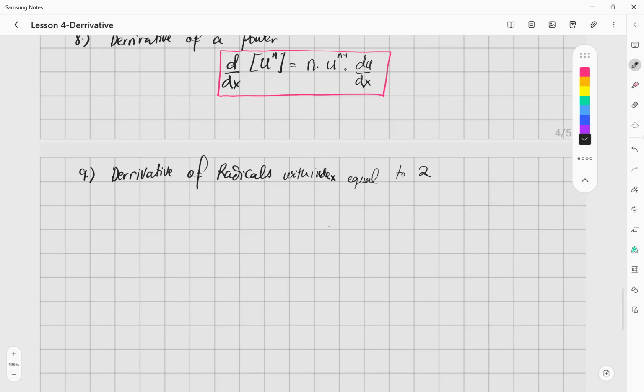So if you have the derivative with respect to dx of that square root of, let's call this a function u, the result is du over dx, divided by 2, multiplied by the square root of u again. And the denominator has a 2. That's why you have a 2 over here. Don't get confused, yeah.